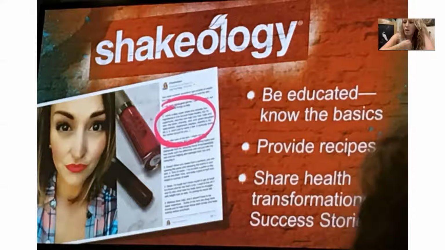Okay. Share health transformations and success stories. So what you guys need to be doing is sharing more of the transformation. Transformations happen from day 2 to day 5. One day you might be less bloated than you are. One day your abs might be peeking through more than they are. People like to see transformations. So it doesn't matter if you're not at day 21.